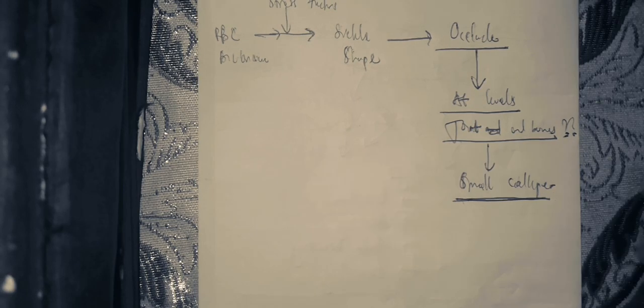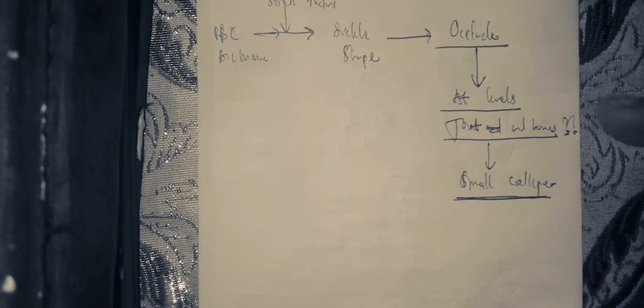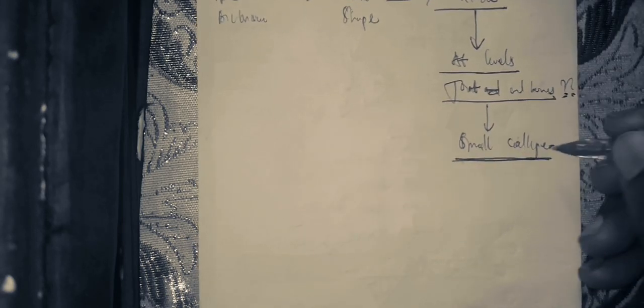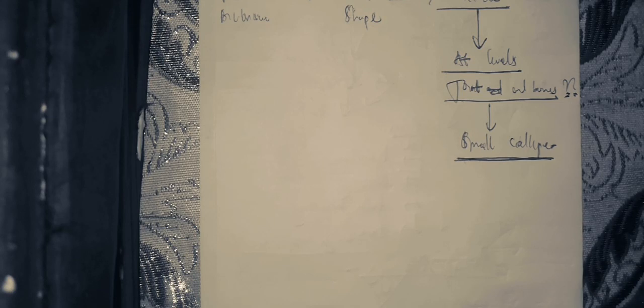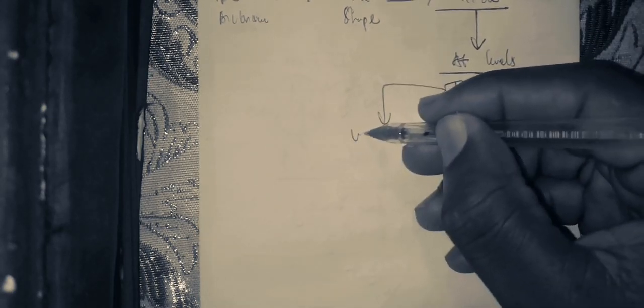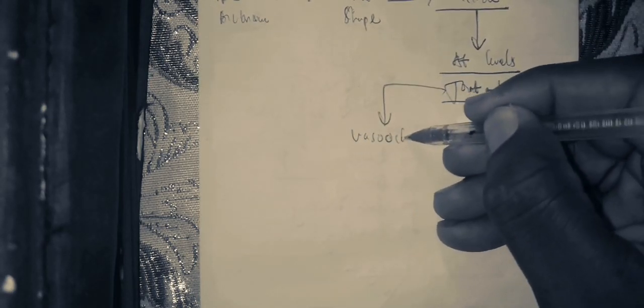That's why that's the first organ that usually presents with the crisis. That's vaso-occlusive crisis. I hope you're understanding. So they have small caliber, you have occlusion, and that occlusion results in the vaso-occlusive crisis.